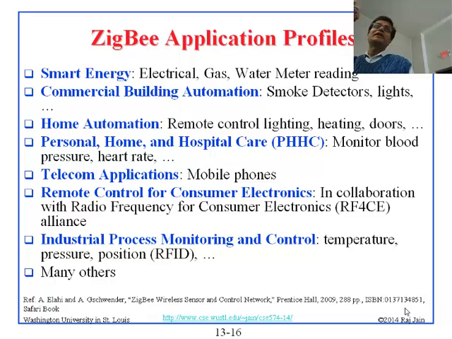Now it works from the bedroom or anywhere in the house. That is radio, as opposed to infrared, light. Industrial process monitoring and control, temperature, RFID positions, and so there are many profiles, as you can imagine, for sensor applications.